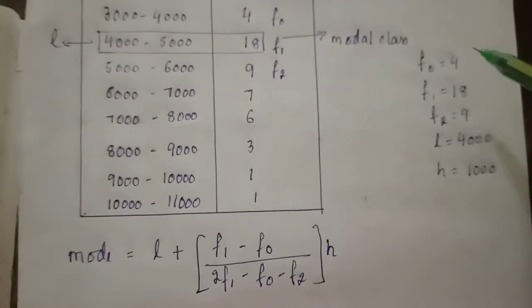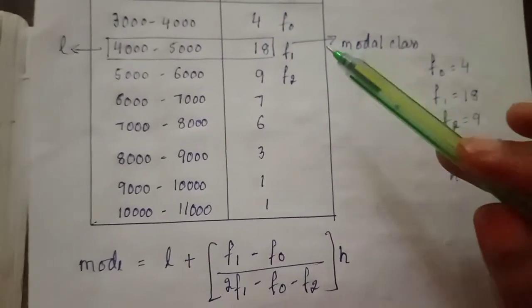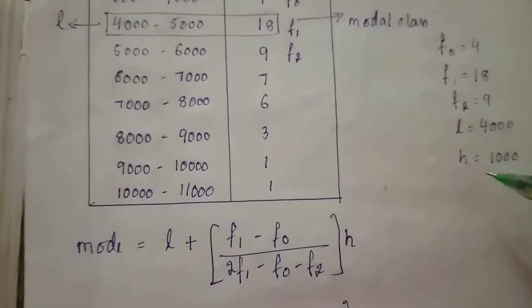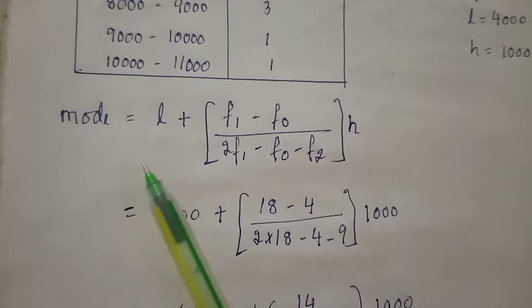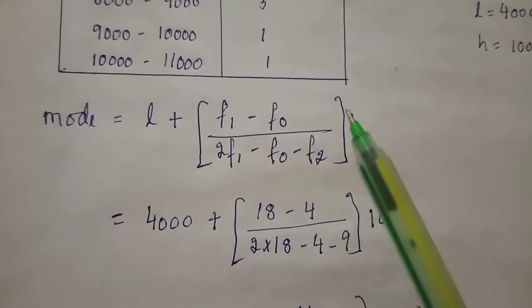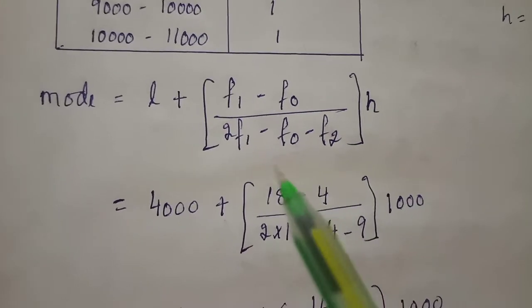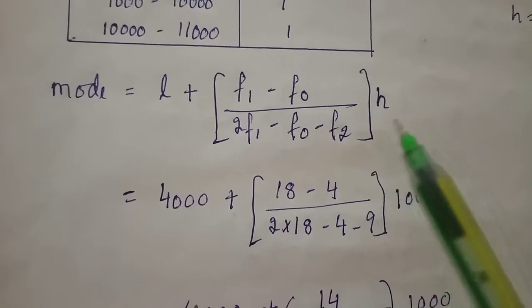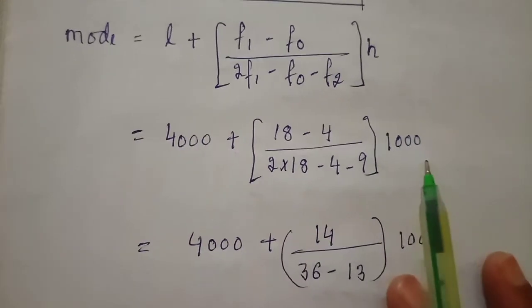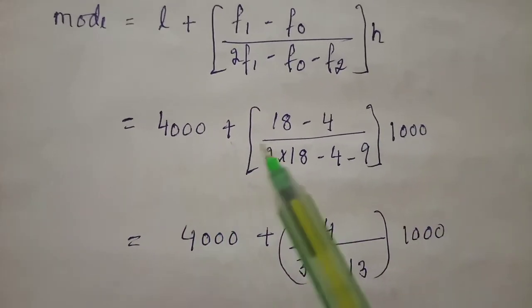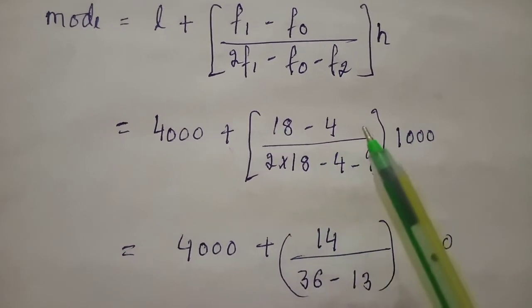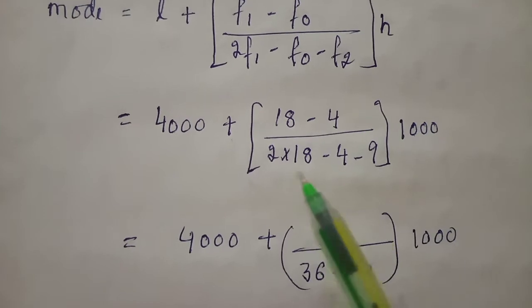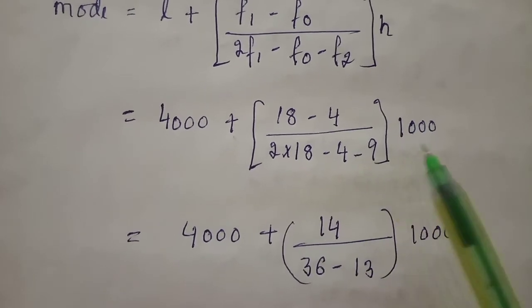So note all the F0, F1, F2 and L and H. Note down and write the formula. Mode equals L plus (F1 minus F0) divided by (2F1 minus F0 minus F2) into H. So L is 4000 plus F1 is 18 minus 4, divided by 2 into 18 minus 4 minus 9, into 1000.